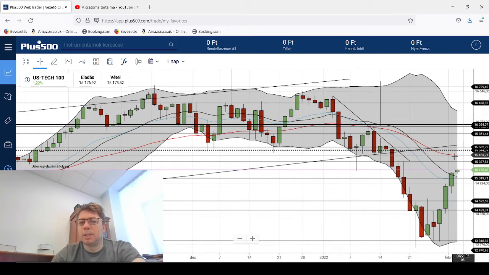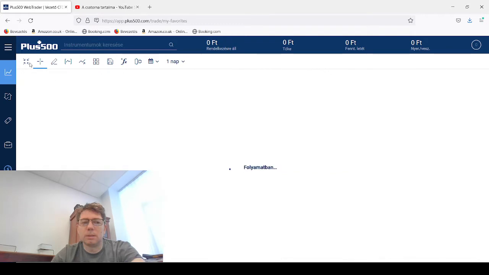Let me check the weekly chart. Just a second. And let's see if there's anything. Yeah, we are above the 50 EMA and we are on our way to the 20 EMA.